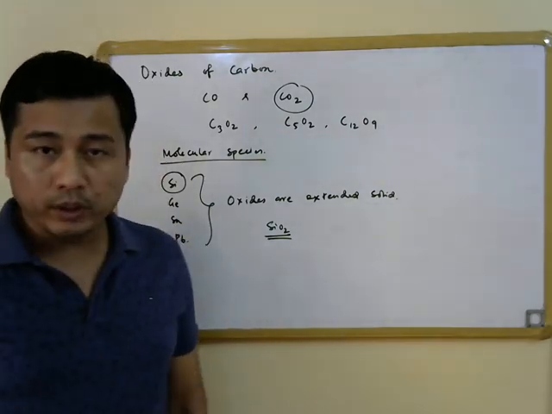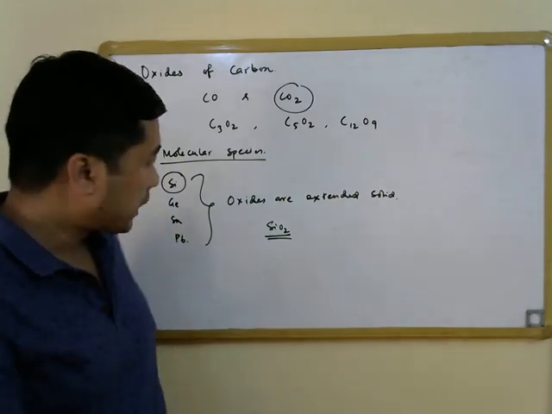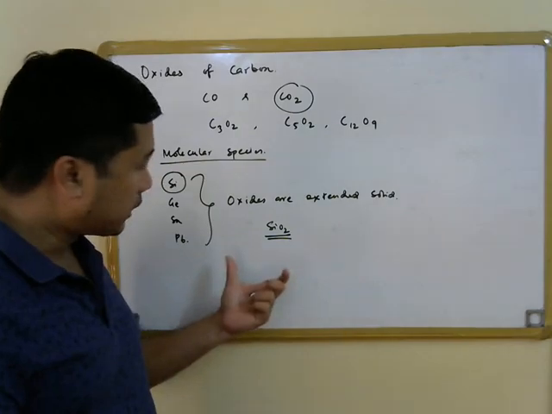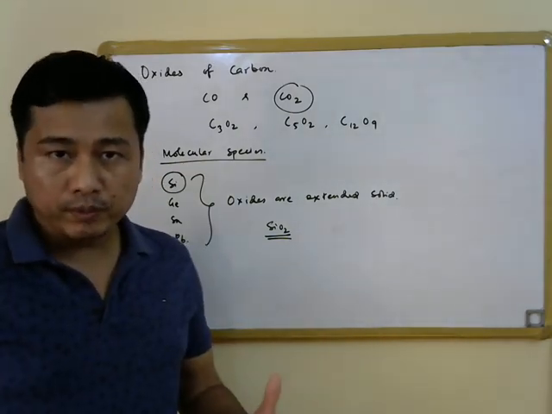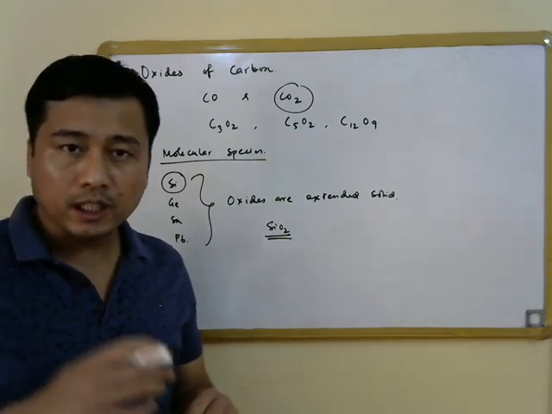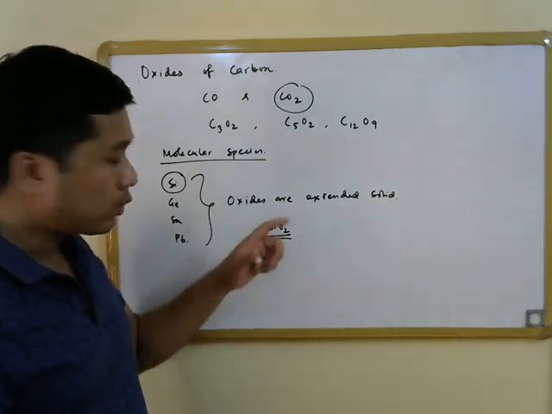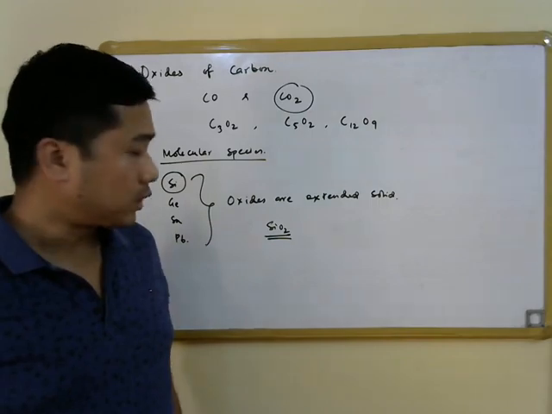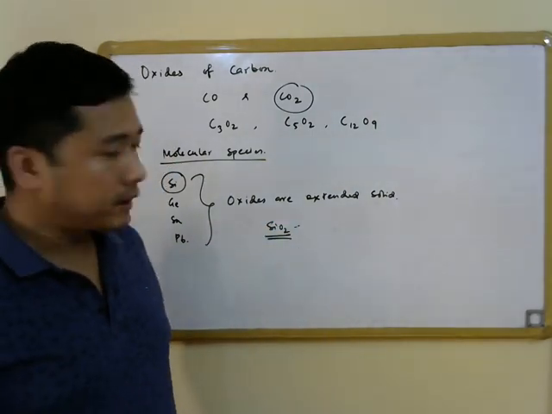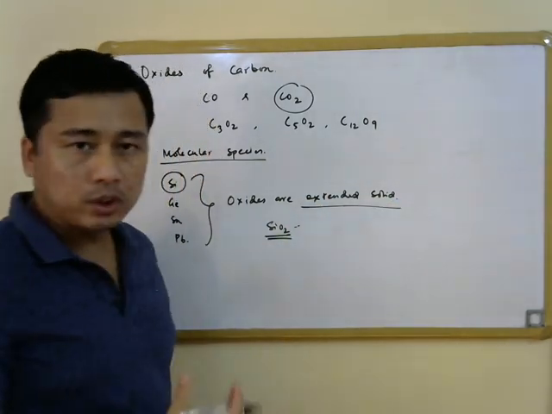It is not a molecular species, because silica has a three-dimensional polymeric structure where the oxygen atoms are connected to silicon atoms throughout the extended solid. That is why it is an extended solid, as we call it.